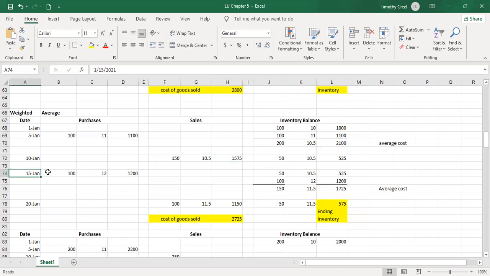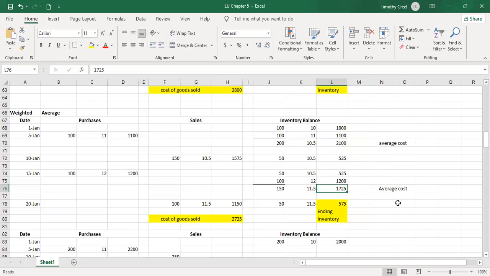So we're going to make another purchase on the 15th, 100 units at 12 for $1,200. Notice you've got your initial inventory based on your initial average cost, and then you've got new inventory coming in, the 100 at 12. Again, every time you get in new inventory, you have to refigure your average cost.